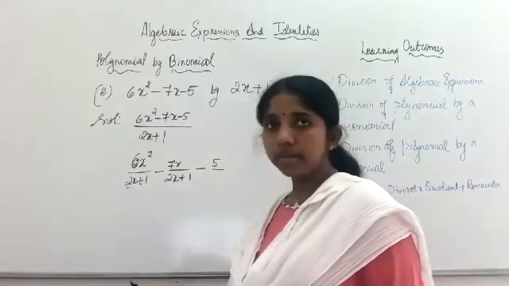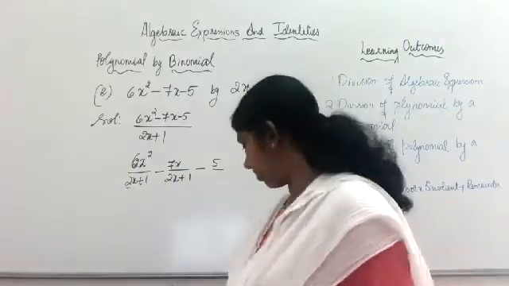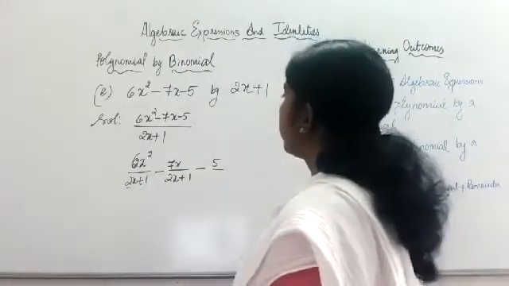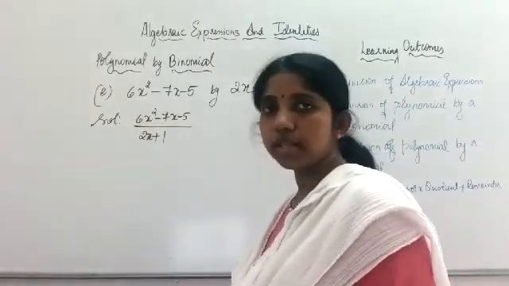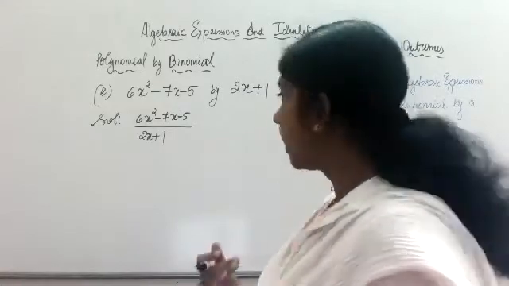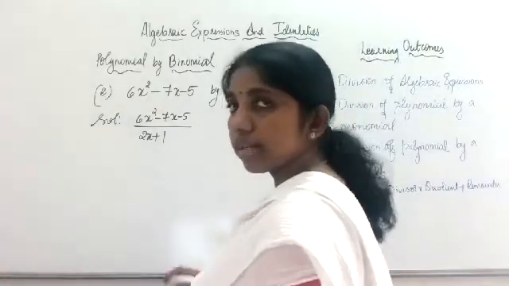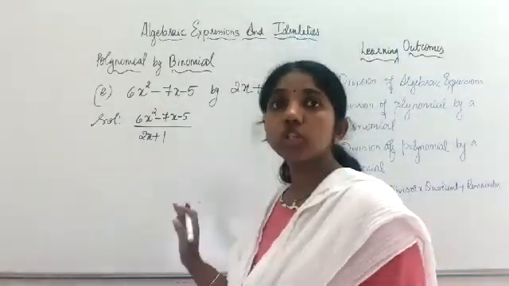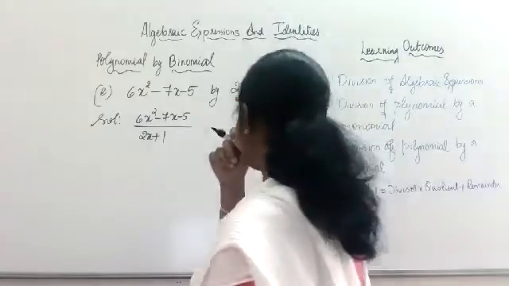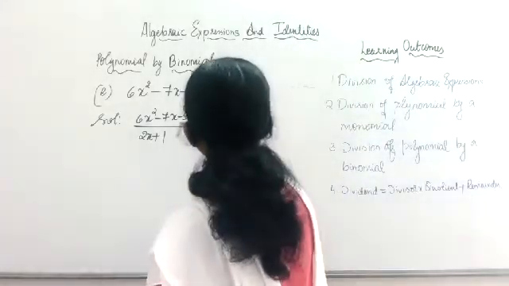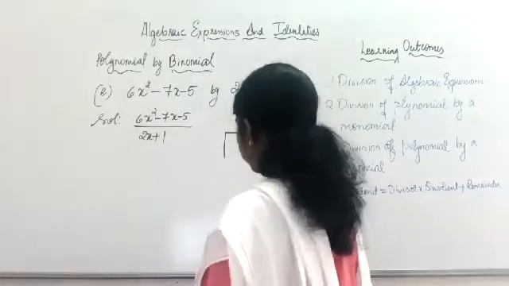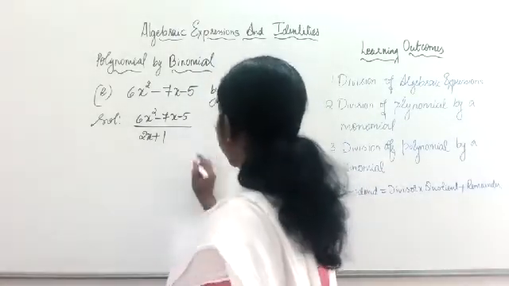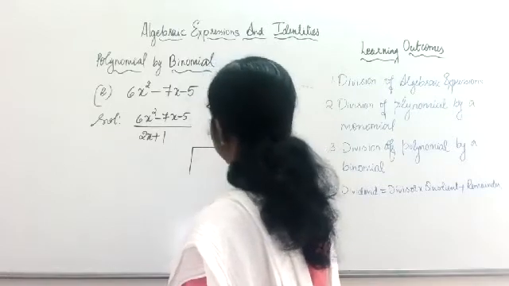It's a binomial, we have not learned, so how to do it? These types of problems are done with the usual division method, which you use for numbers, right? The same long division method. We are finding the quotient using the long division method. So we will divide this using the long division method. Let me write something on the side.